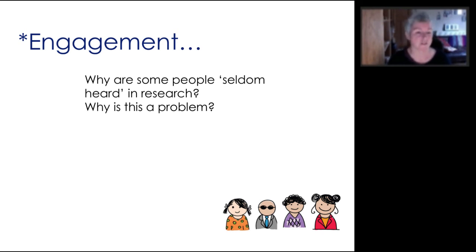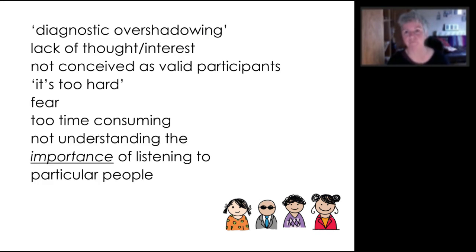So why is this a problem? I'll come back to that. I'm going to first of all answer why some people are seldom heard. I think the key issue is that people are prejudiced, really, and they exclude certain people's experiences from looking at a sample.